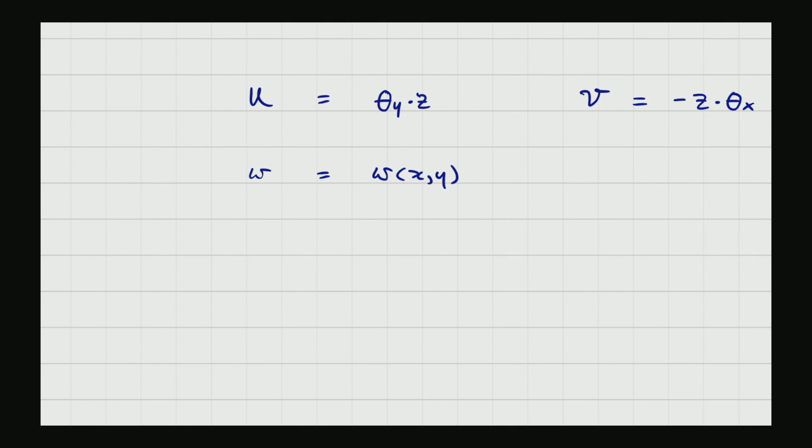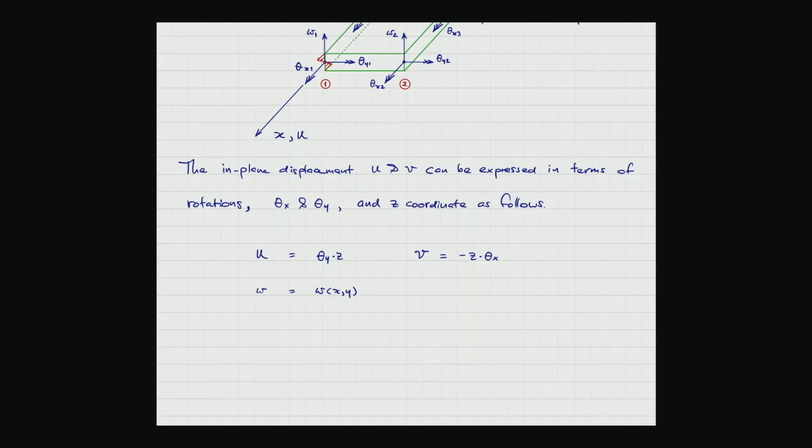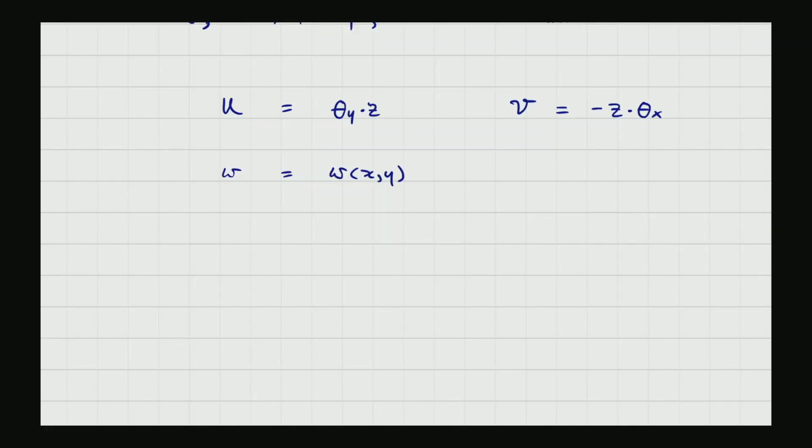And then we can look at the strain components we have from this problem. As the plate is very thin, then you will not have the component epsilon z. You have epsilon x first. Epsilon x comes from the partial derivative of u with respect to x, right?